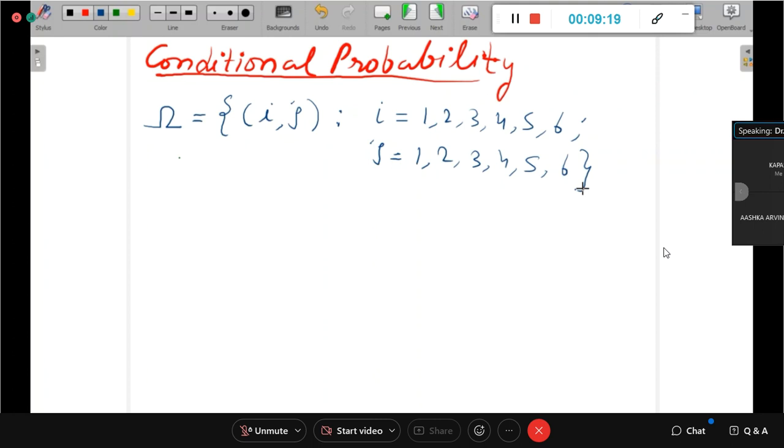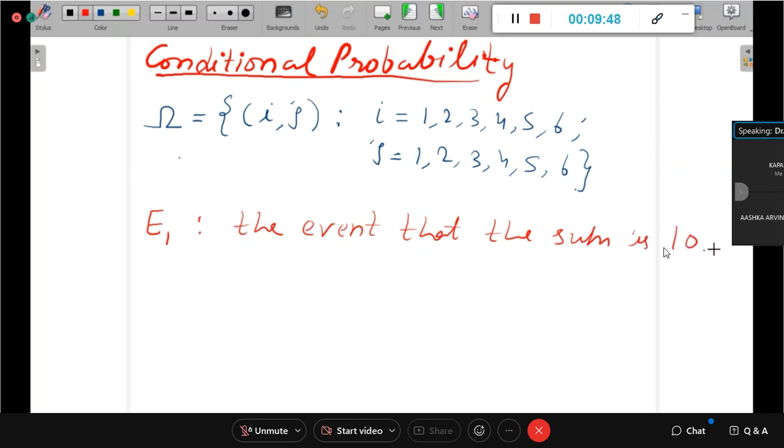Now I'm telling you that the sum of the dots on the 2 faces is, let's say, 10. I'm giving you the information about this event E1, that the sum is 10.